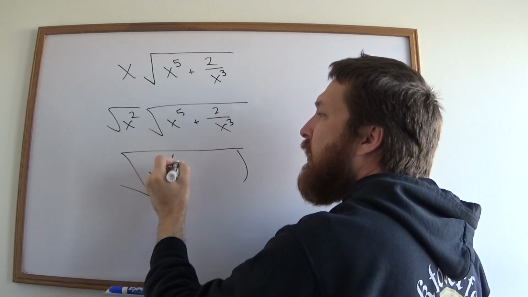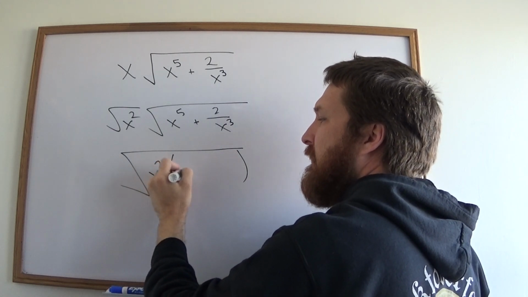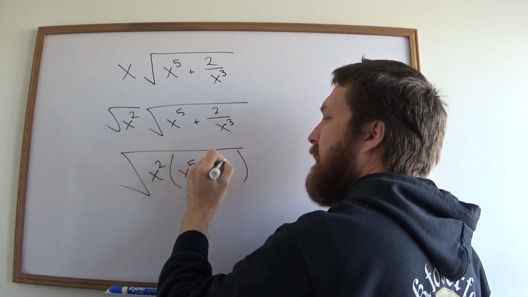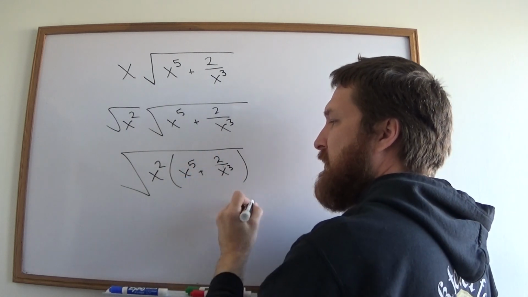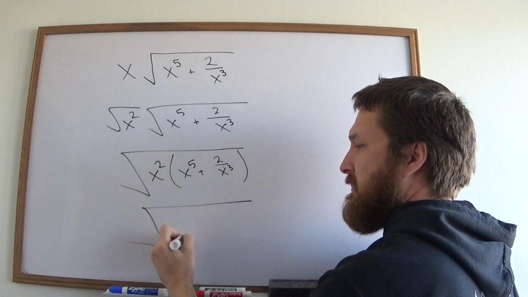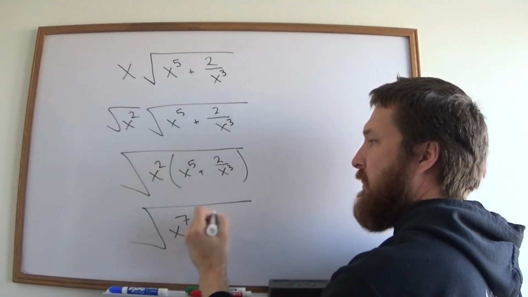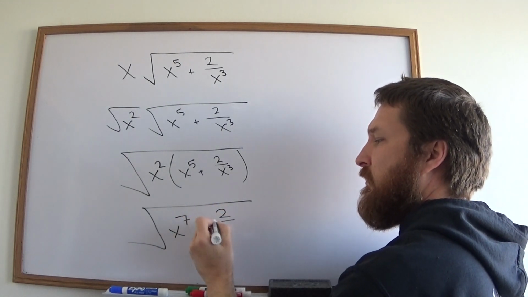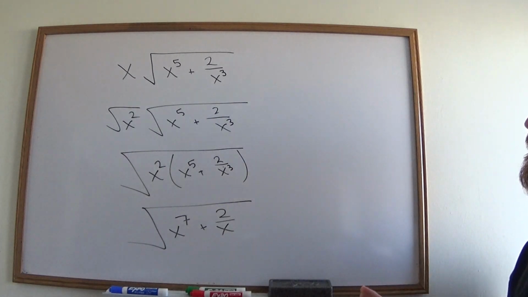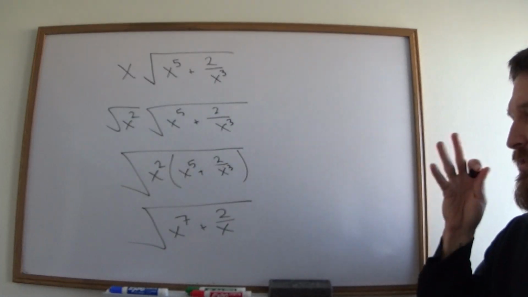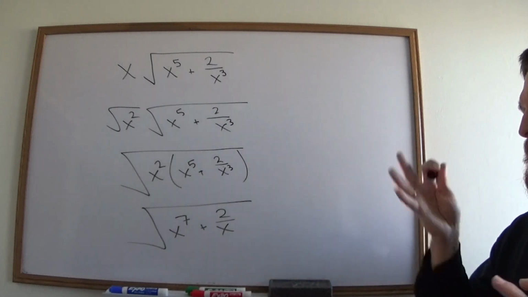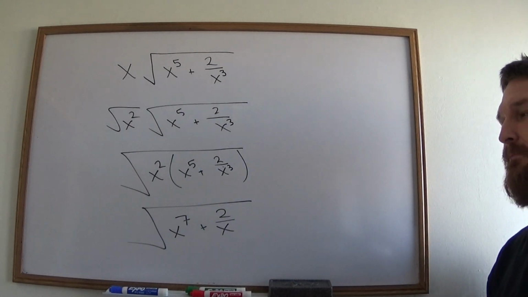That way I'm dealing with one root and not a product. Which is the same thing as, in this case, the square root of x to the 7th plus 2 over x. Now, if I were taking a derivative, I would just take the derivative of this. That makes life way, way easier.